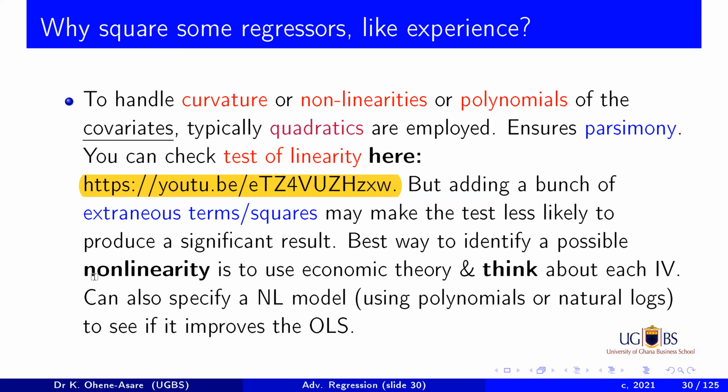But don't just square everything. Be careful. Don't just square things by heart. You have to make sure the variable passes that test, because if you add too many extraneous variables, you can produce a lot of insignificant results.